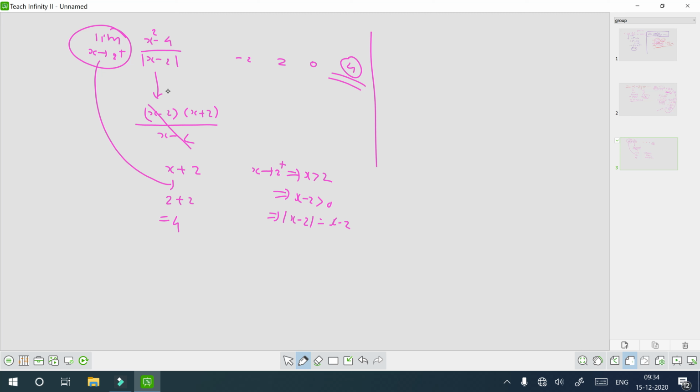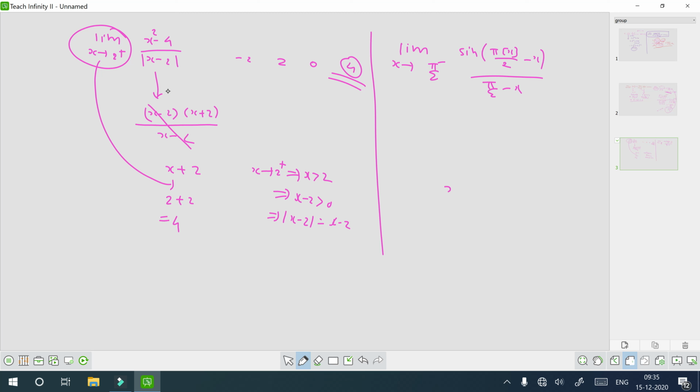In the next example, limit x tends to pi by 2 minus, sine of pi times the integer part function of x by 2 minus x, over pi by 2 minus x.